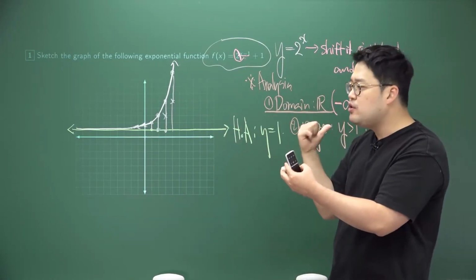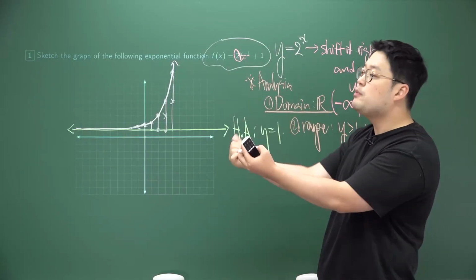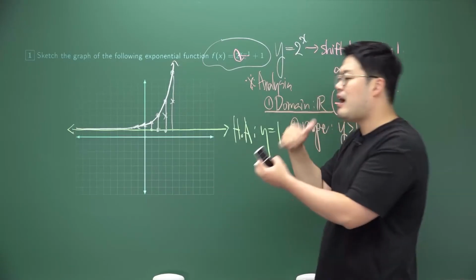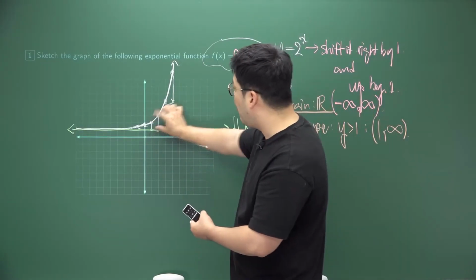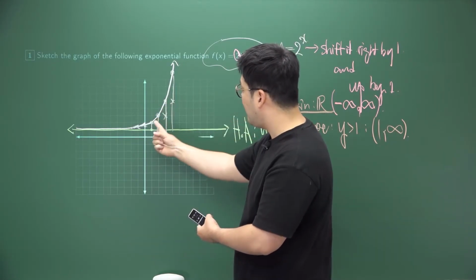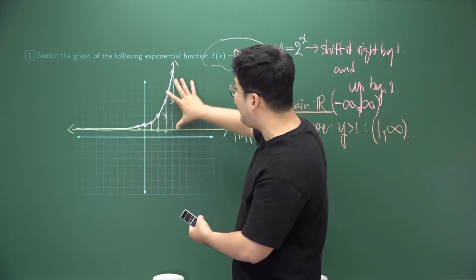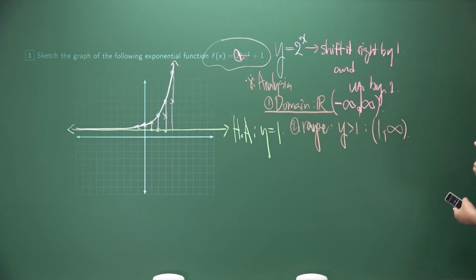As I move 1 unit to the right, it's multiplied by that particular number. If I go 2 units to the right, I multiply by that number squared. Imagine that's 1 and that's 4, right? If I move 3 units, it's going to be 1 and 8. Make sense? Easy as pie, right?